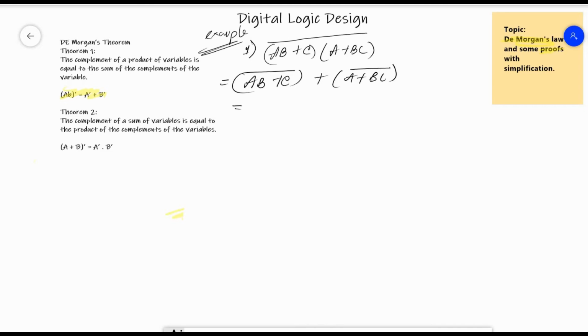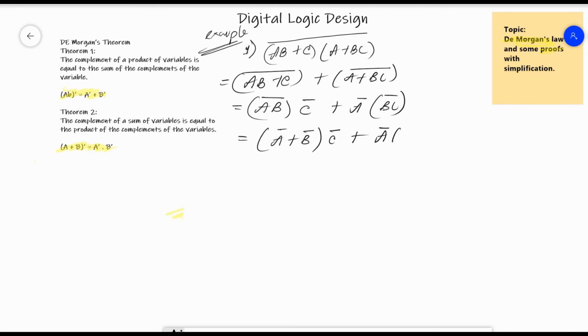So again we can use this one to rewrite this line, which will be (ab) whole bar into c bar plus a bar into (bc) bar. Then we can again rewrite it as (a bar plus b bar) into c bar plus a bar into (b bar plus c bar). So we just applied the two De Morgan's theorems in this example and rewrote this equation into this form.